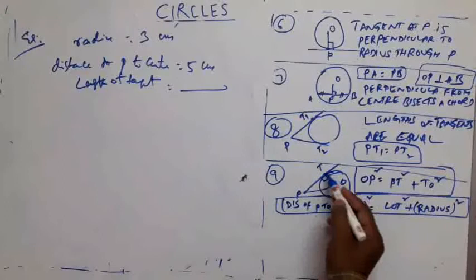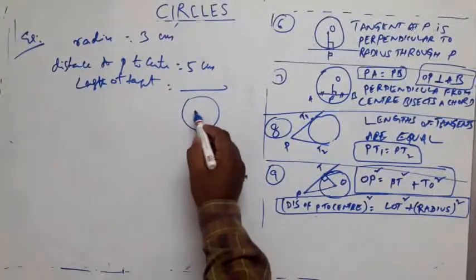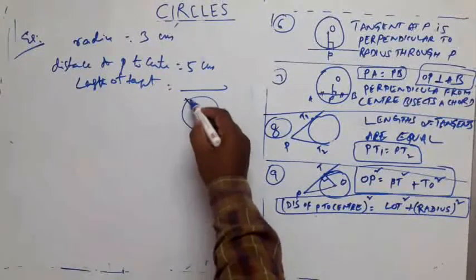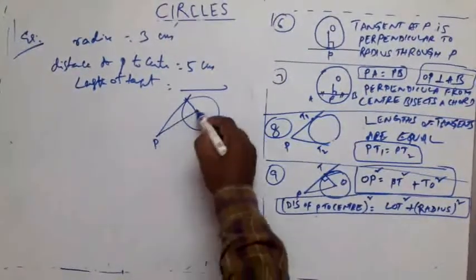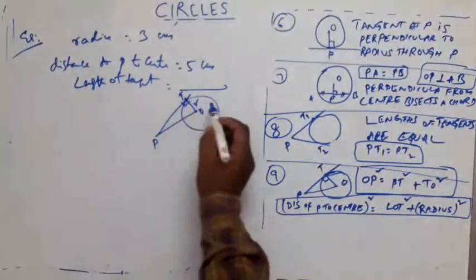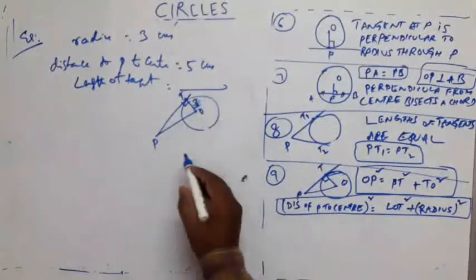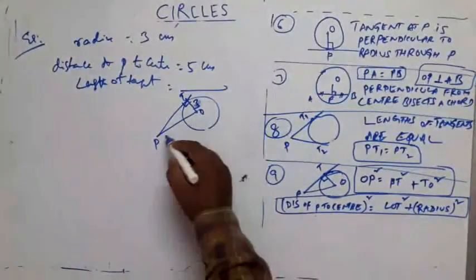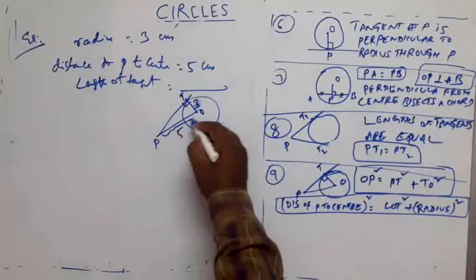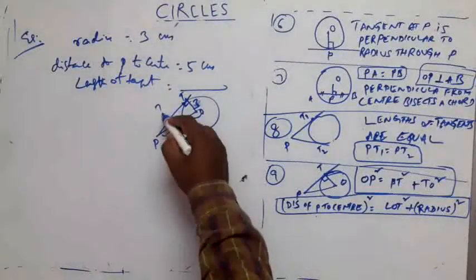So tell me what is given. Radius is given 3. So I am drawing. Radius R is given as 3. This is 3 centimeters. Distance of P to center, this is 5. This is given. What is required? Length of tangent, that is PT. PT is dash. This is the question.